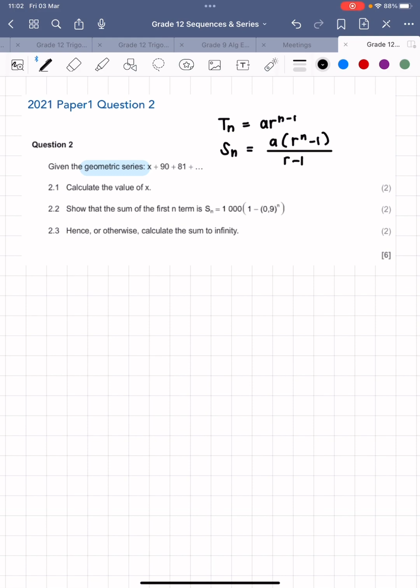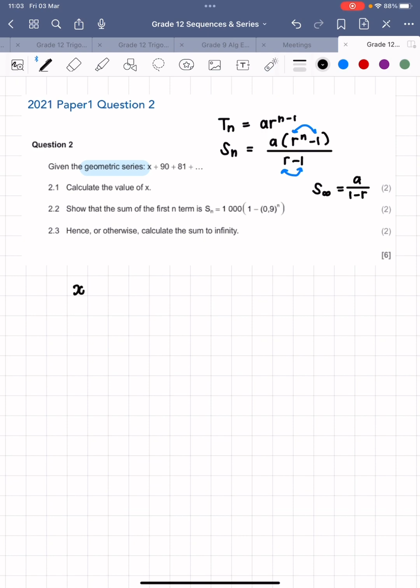You also have another form where you can swap the r and the 1 terms around in the numerator and the denominator. And if they are asking us about the sum to infinity, we are going to be working with this formula. So these are the three formulas that we need to know we might be asked to work with. We may not use any other formulas. These are the only formulas that we have that are relevant to geometric series.